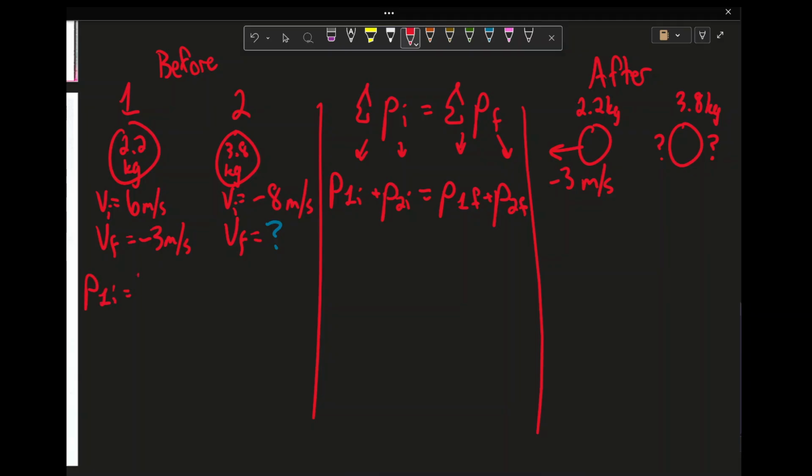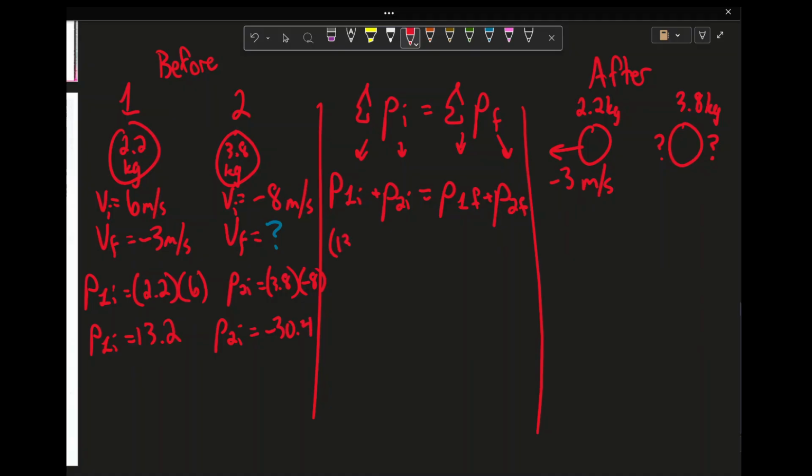P1 initial is going to be 2.2 times 6, or a P1 initial of 13.2, and P2 initial is 3.8 times -8. That's a P2 initial of -30.4.